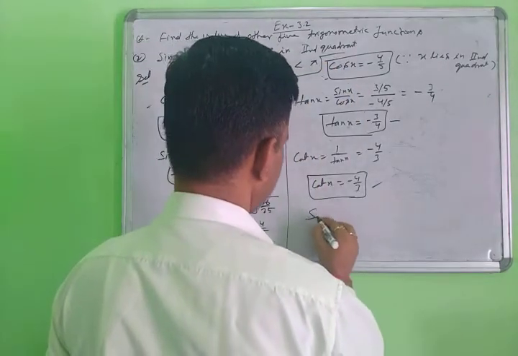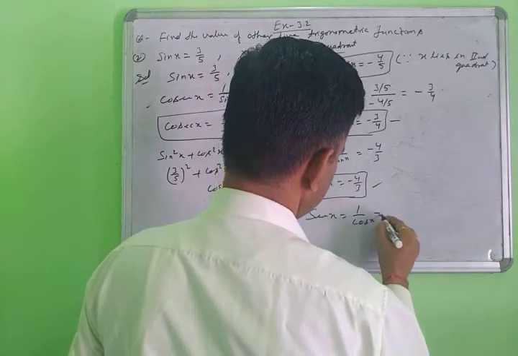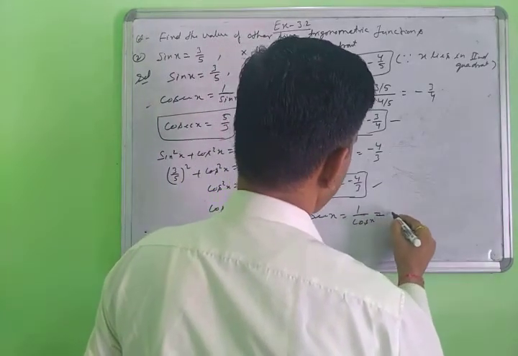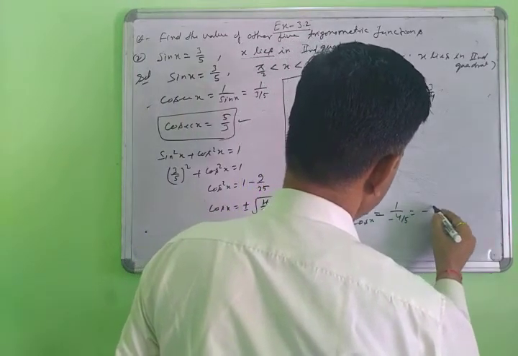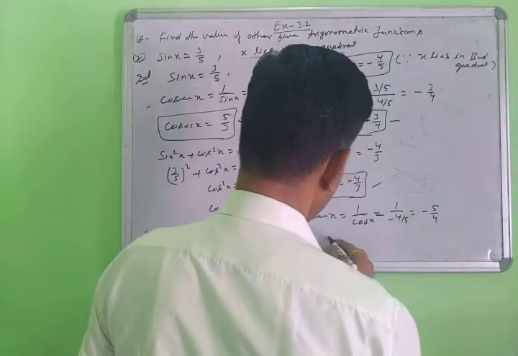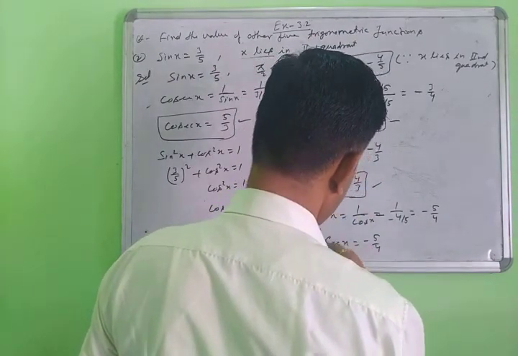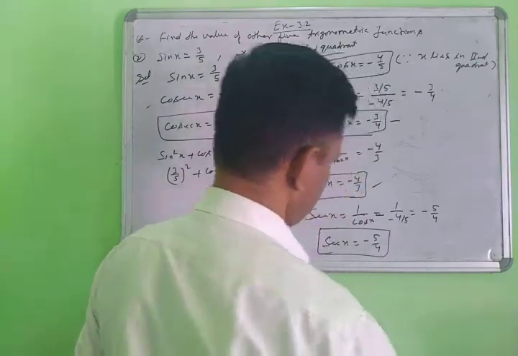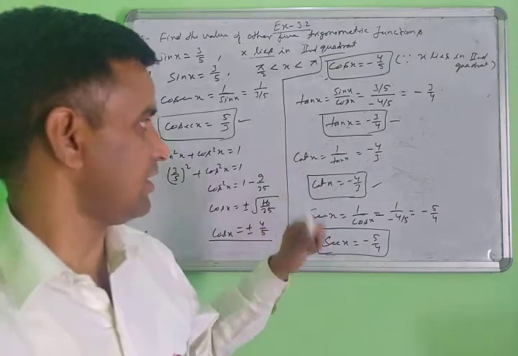Then what value of this sec x? 1 upon cos x, which means 1 upon minus 4 upon 5. It will be minus 5/4. Value of sec x equal to minus 5/4. Yes, all trigonometric ratios you have found here.